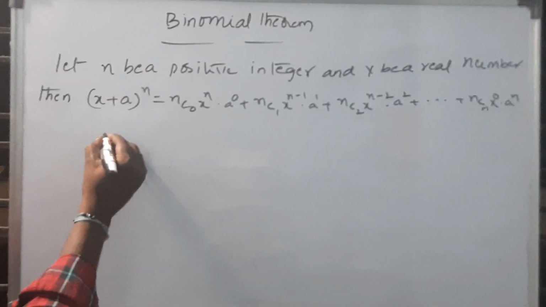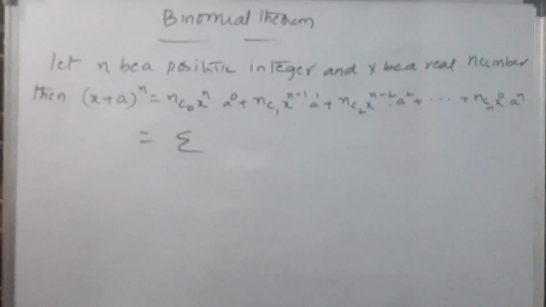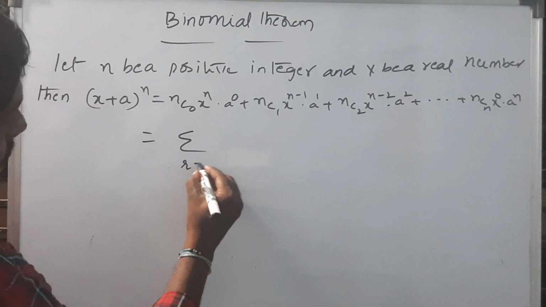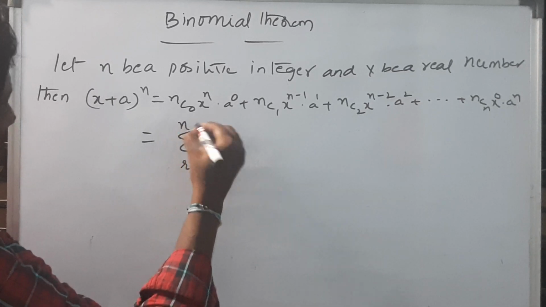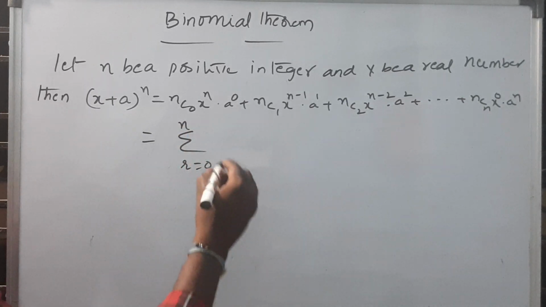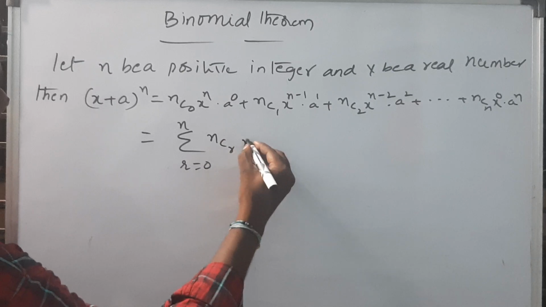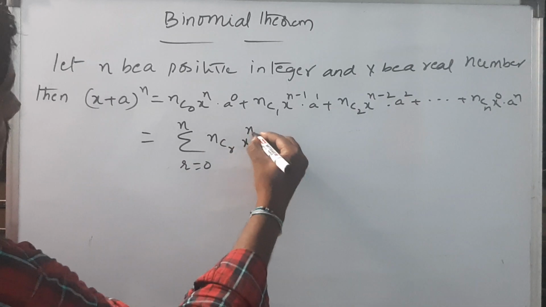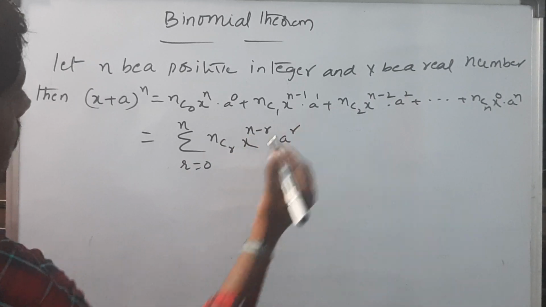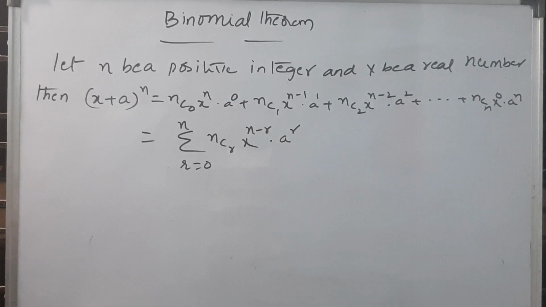It can be written as summation of r from 0 to n, nCr x^(n-r) a^r.